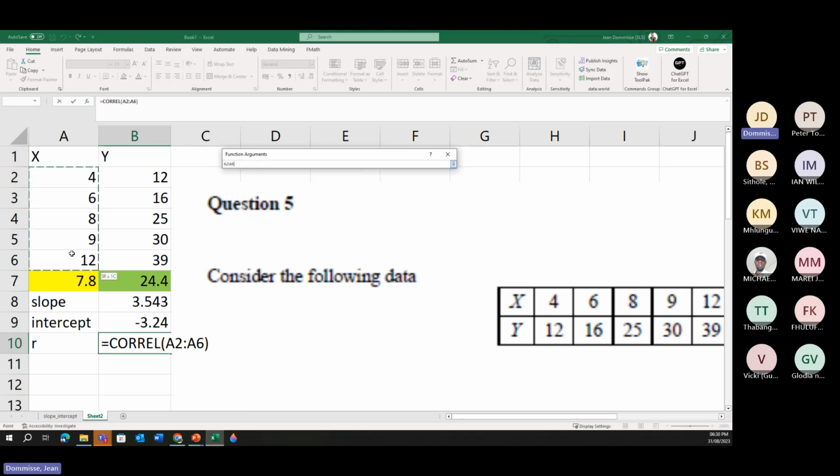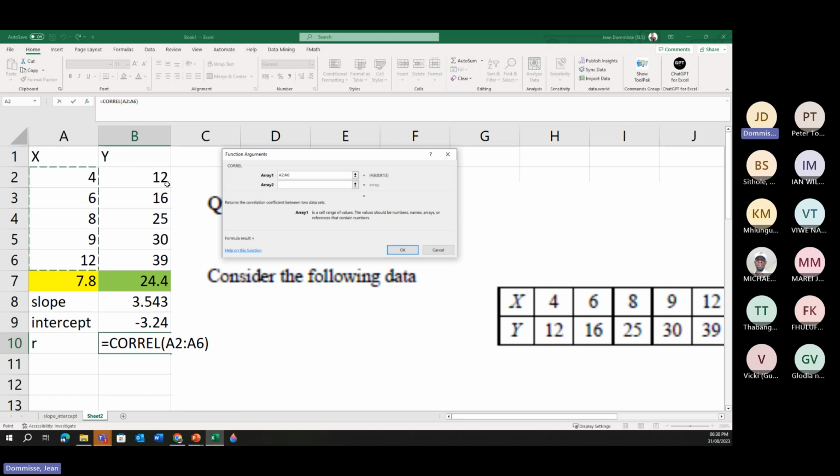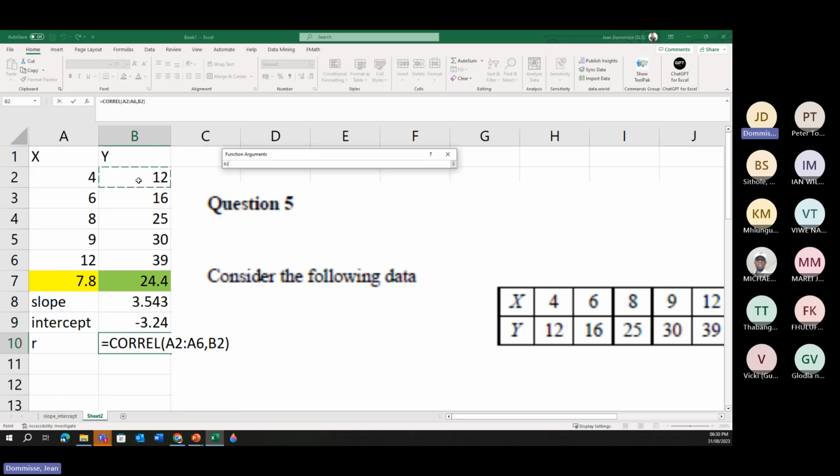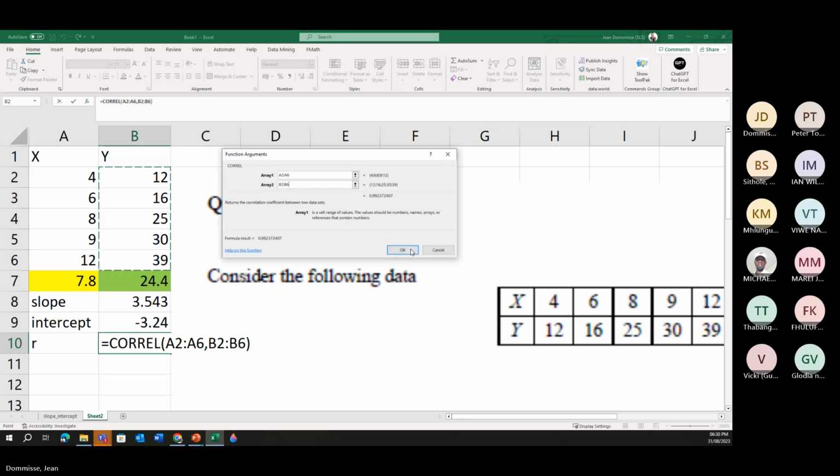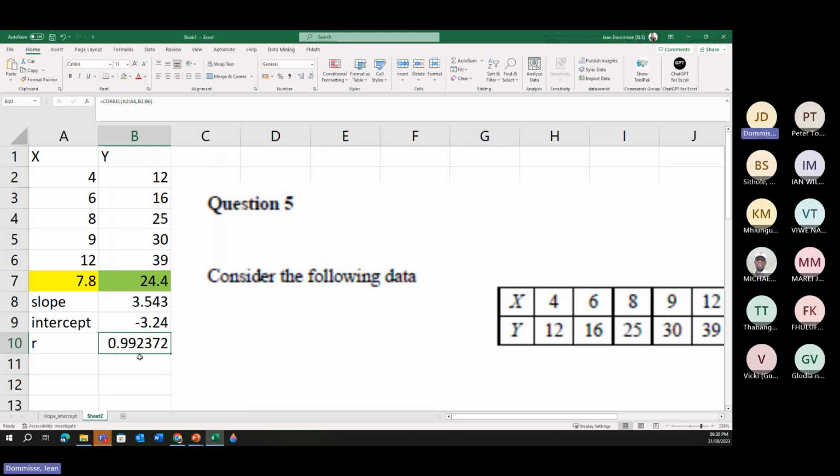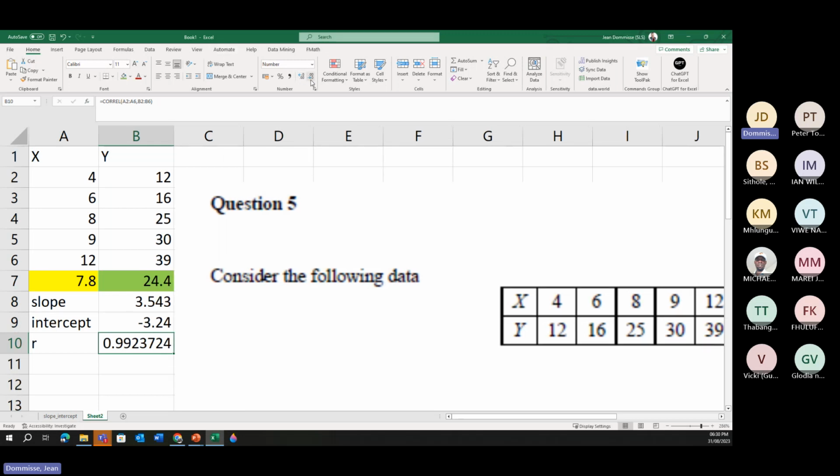So here, what is interesting, it doesn't matter which is which. You would see that your correlation is 0.99.